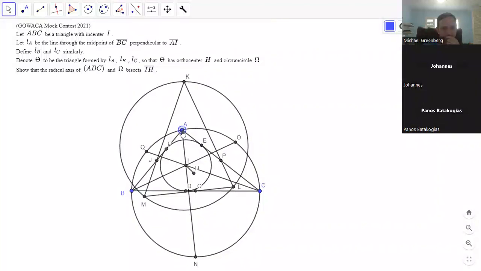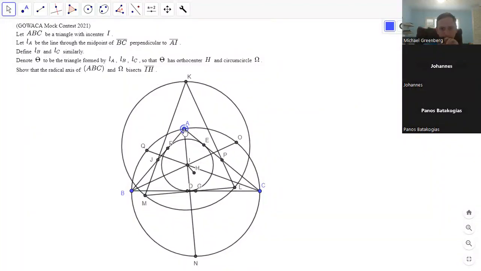It looks like, for example, K, H, and G are collinear, and on the other ones as well.